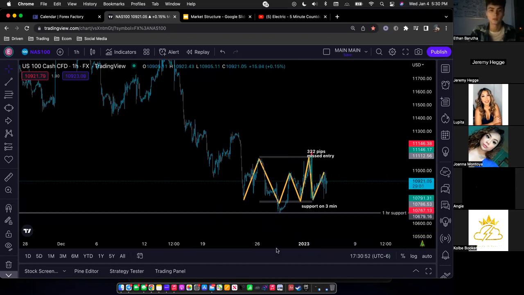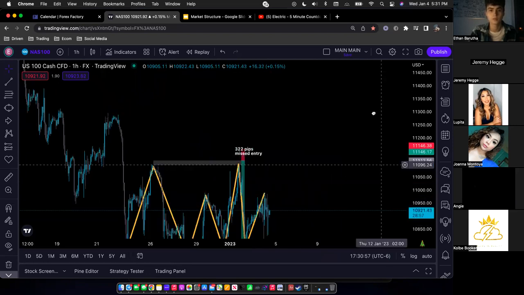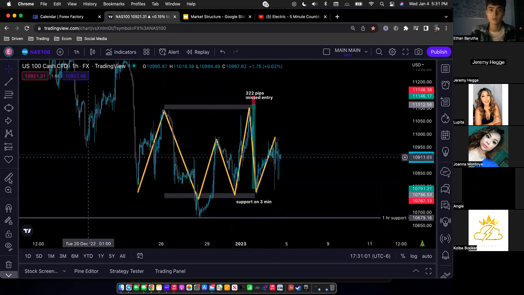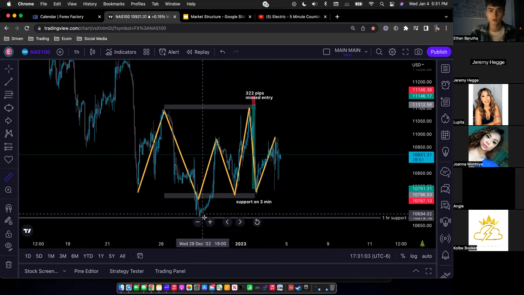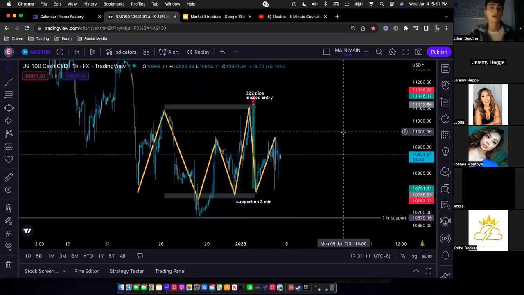And look what market did. Market respected this 1 hour support zone. It respected this, wicked it, and then went up for 421 pips. So that's why I am on the 1 hour time frame, simply because your zones are always more defined on the higher time frame.